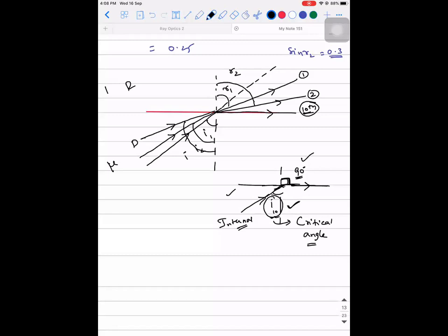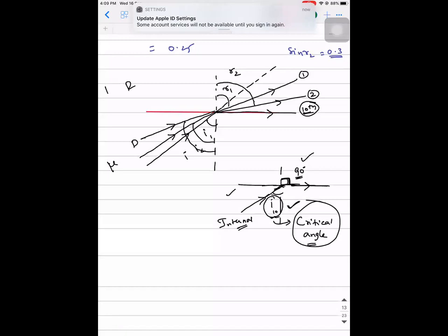Now this is the first term that we are going to see before total internal reflection. So write down the heading as critical angle.